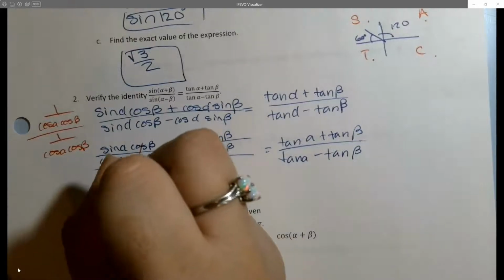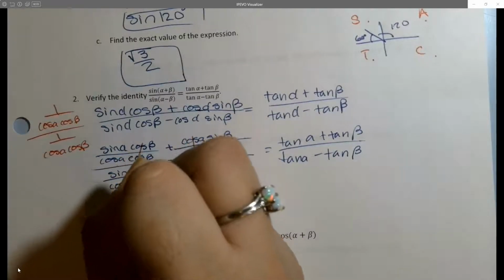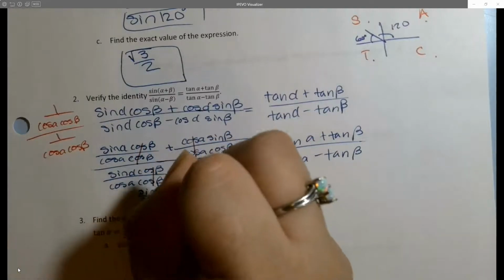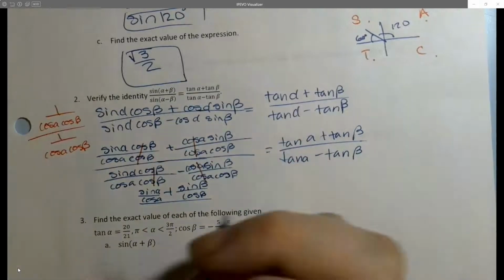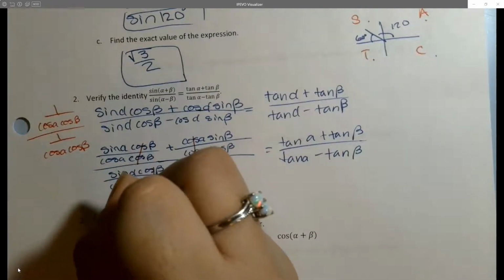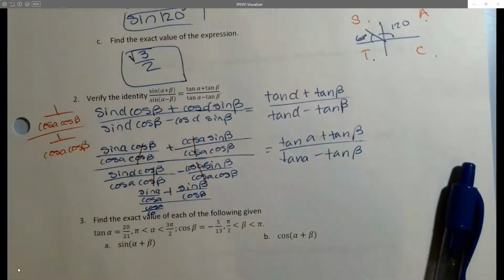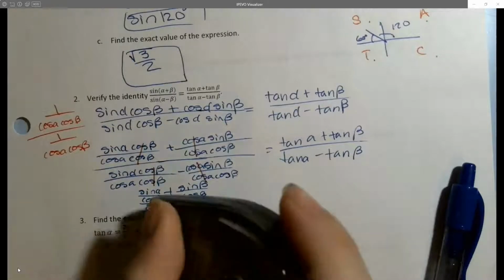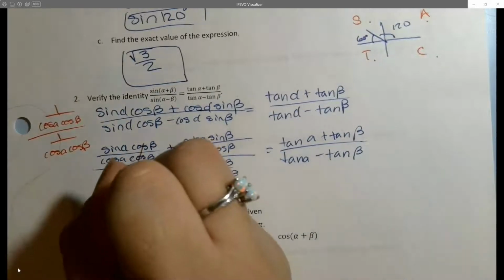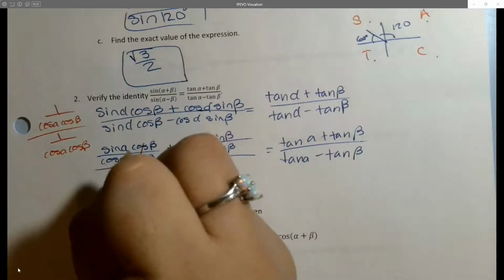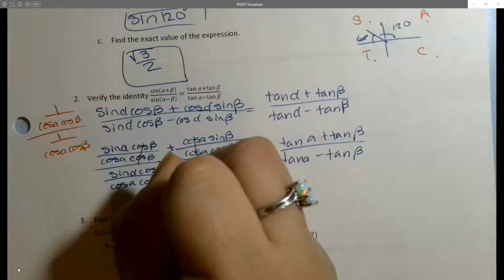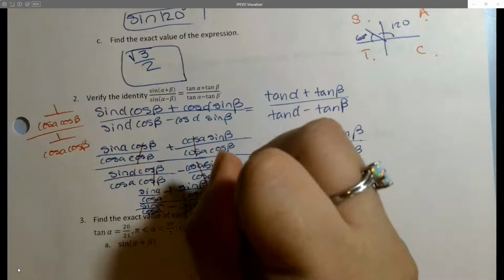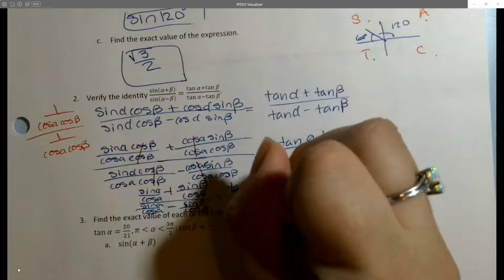So I am going to write these out. So this equals tangent alpha plus tangent beta.